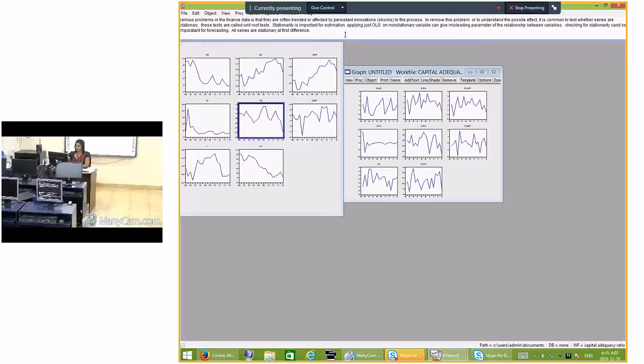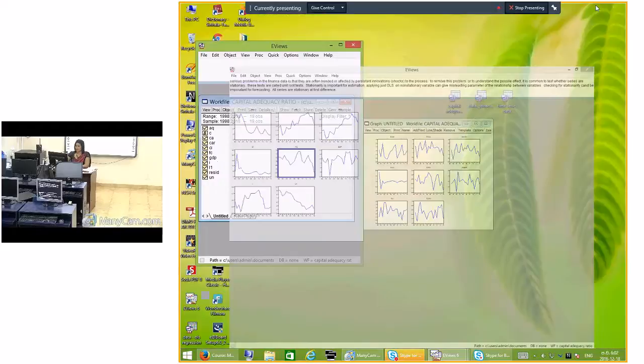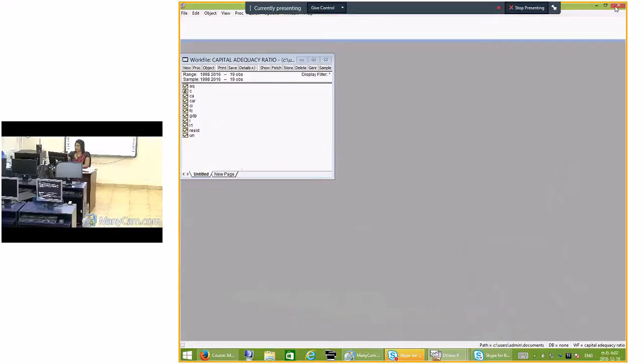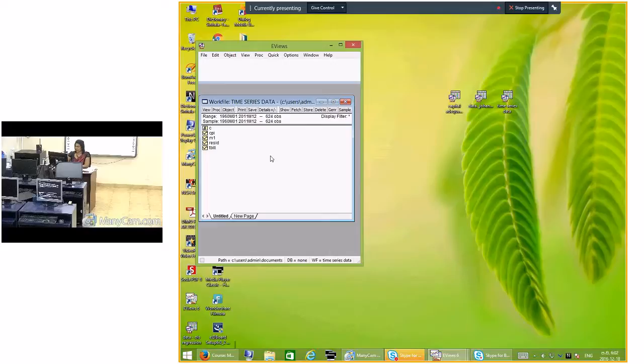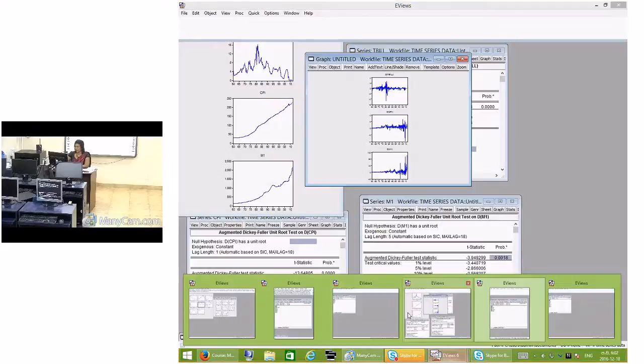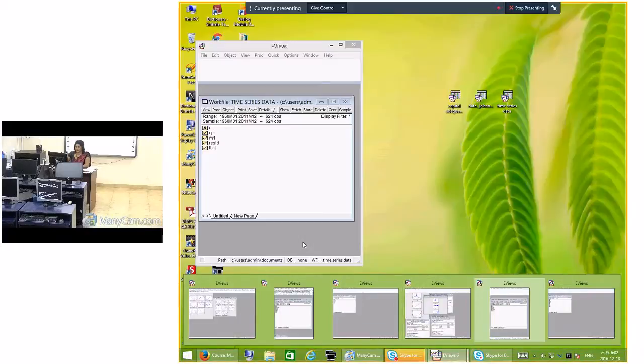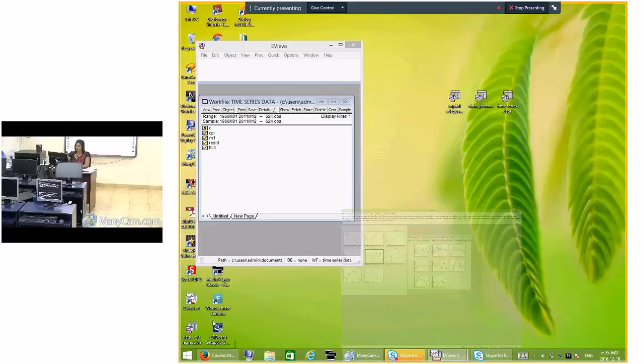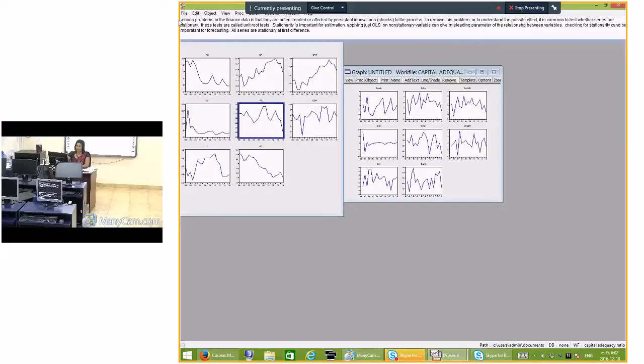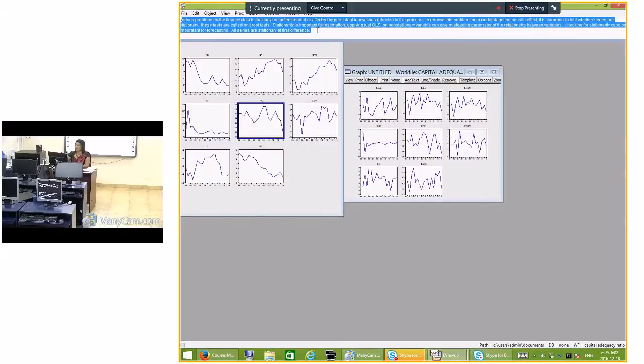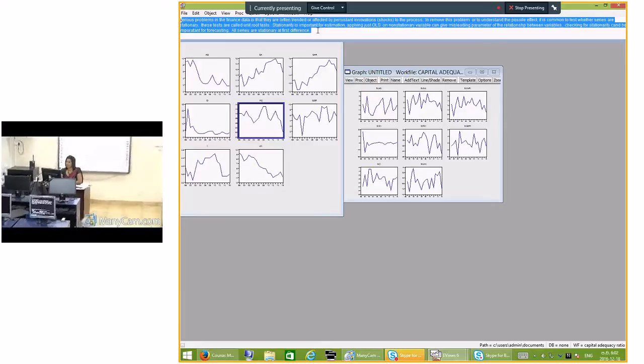So what I have written here, right here, is that the serious problem of finance data is that they are often trended or affected by persistent innovation.